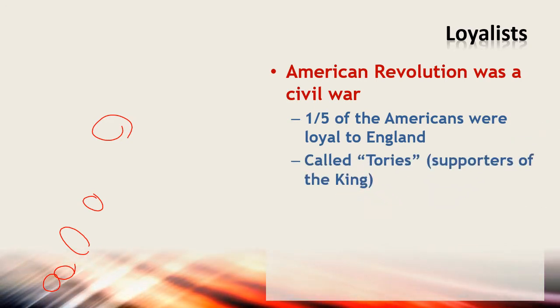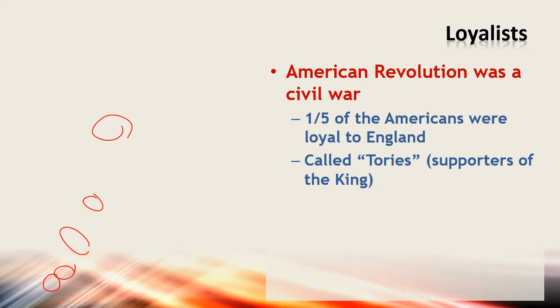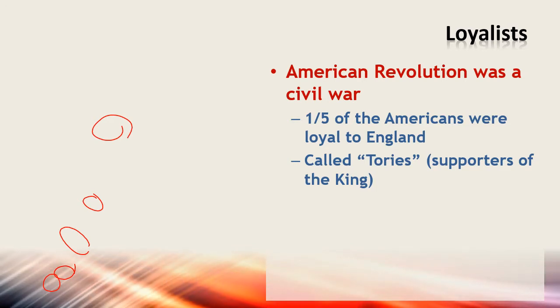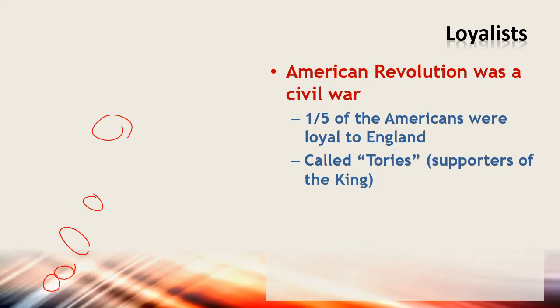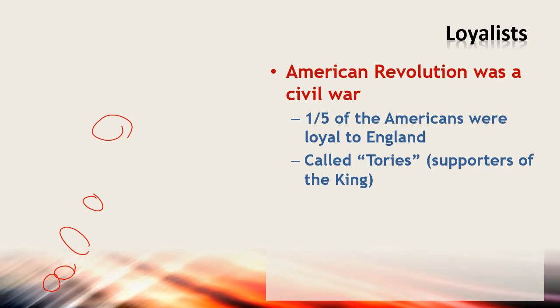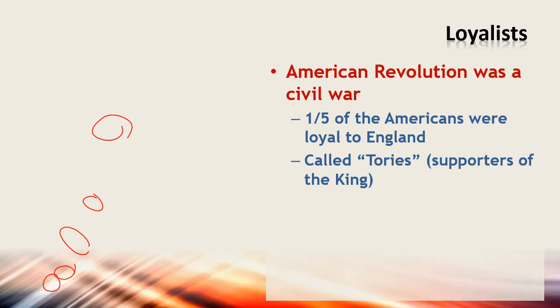We call these people the Loyalists, but at the time there was a dirty nickname for them called Tory. These Tories were supporters of the king. Many of them were wealthier folks who stood to gain by remaining with England and actually could lose quite a bit if they supported the American cause.